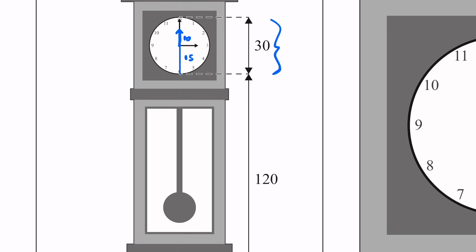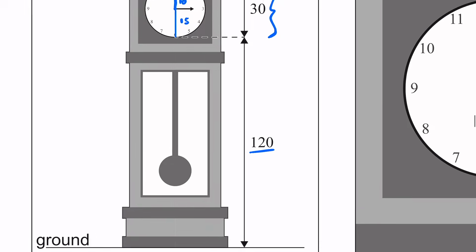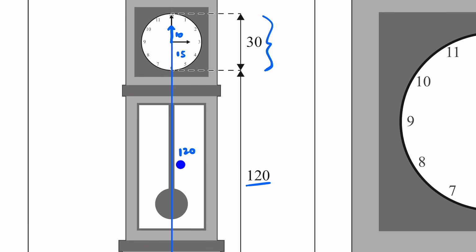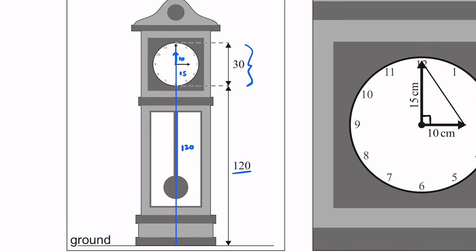And then, of course, the height of this grandfather clock all the way to the ground is itself equal to 120. So if we take the sum of this, this would be 120 plus 15 plus 10. This would be 145. That's going to be its max. The max height of the hour hand is equal to 145. So once again, 120 plus 15 is 135, plus 10 is 145.